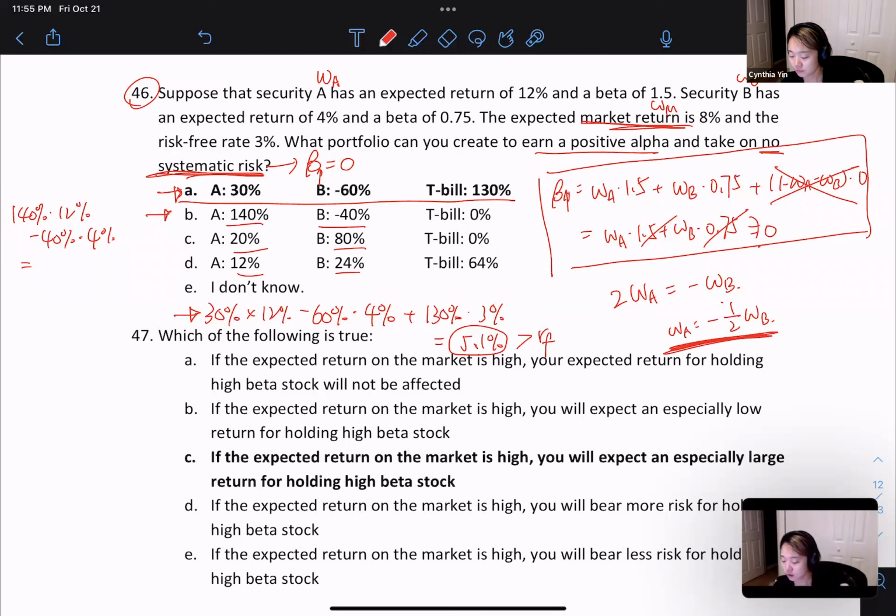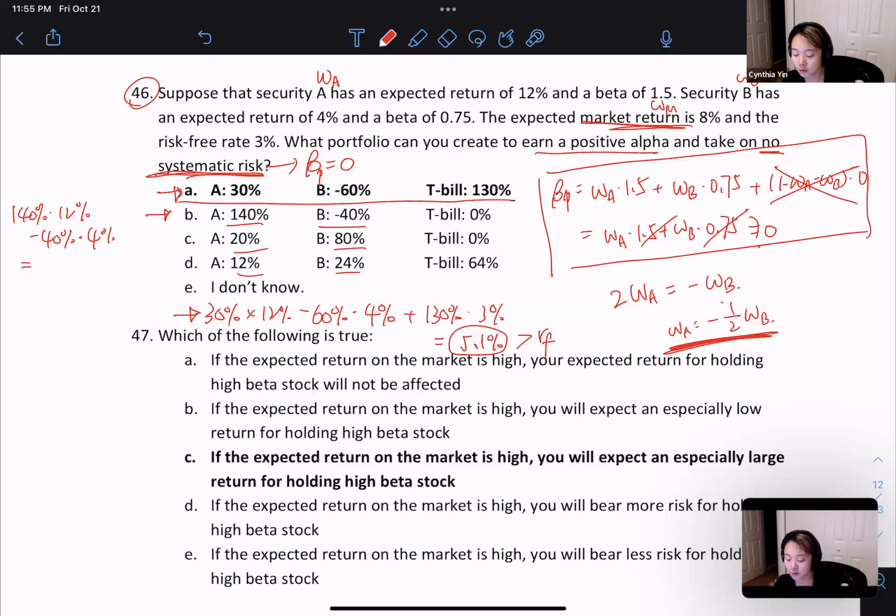Again, all the choices A, B, C, D are based on investing in security A, security B, and Treasury bill. If you have some choices which include the market portfolio, that's another story.